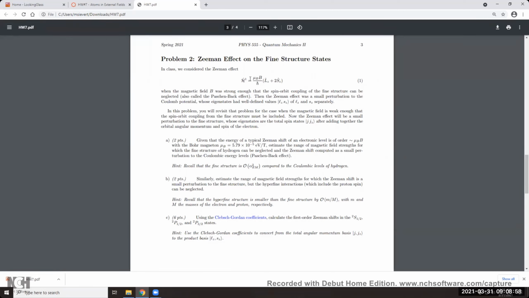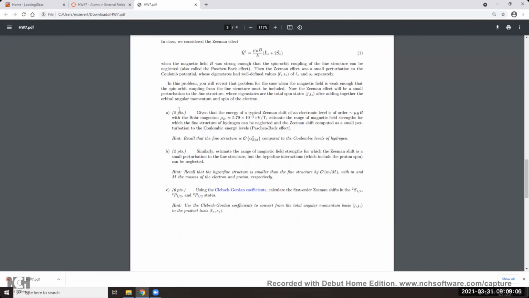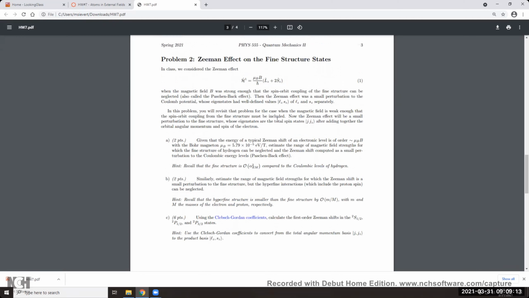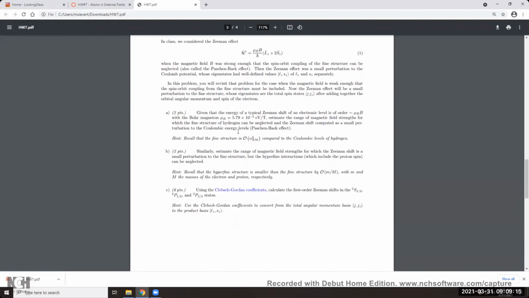So I remind you what the Zeeman Hamiltonian is. It's L plus 2s, the factor of 2 coming from the g factor of the electron spin. The first two questions are really just numerical estimates. I ask you to estimate the strength of the magnetic field when each approximation is reasonable. How strong does the magnetic field need to be for the case we considered in class, when the magnetic field is a small correction to the Coulomb energies, but it's much bigger than the fine structure, which can be ignored?